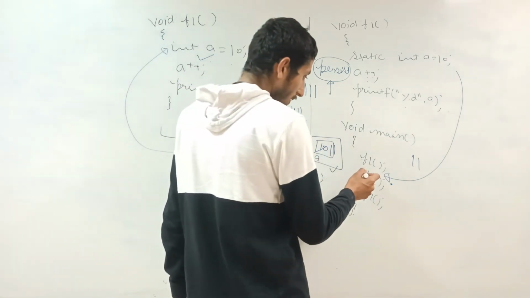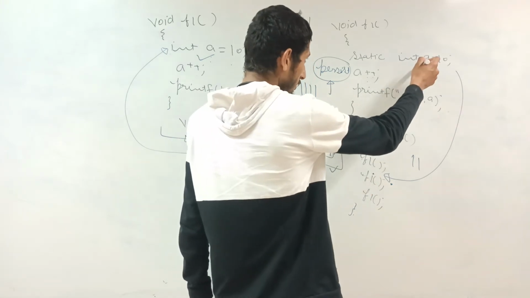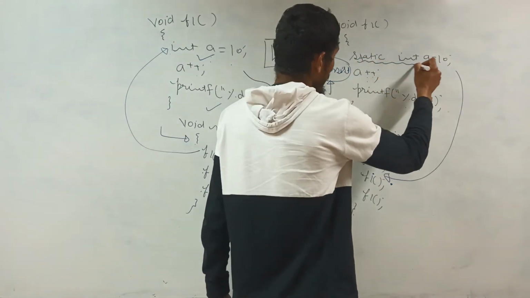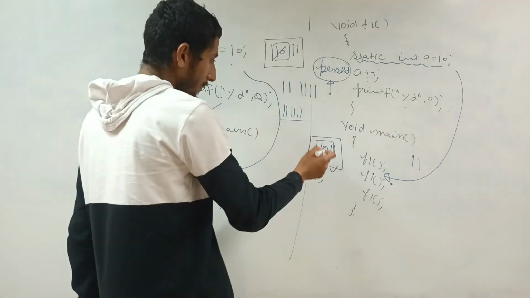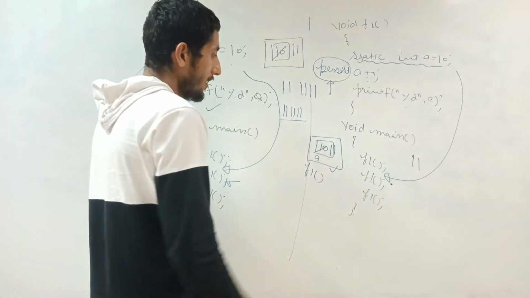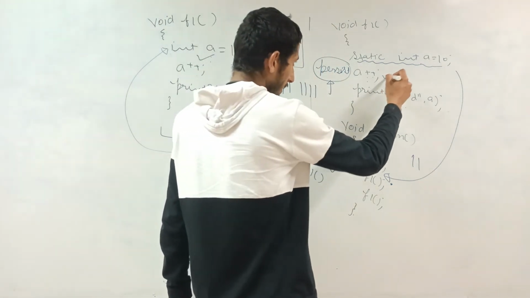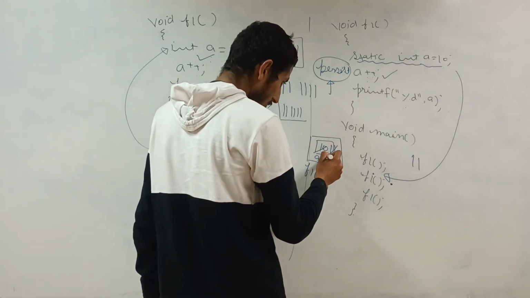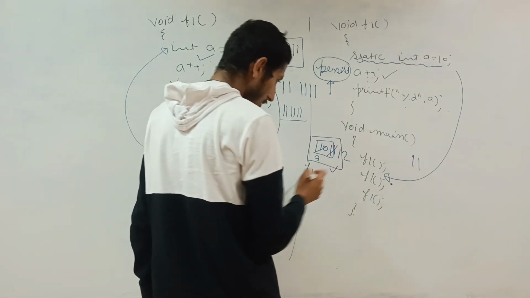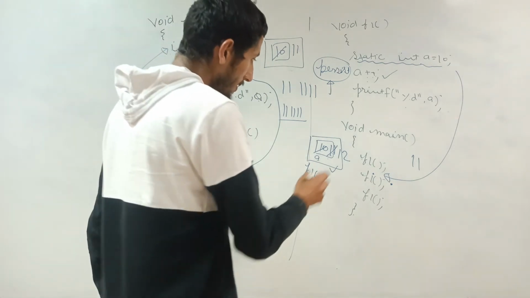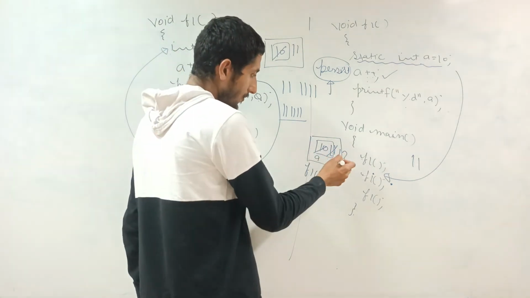What will happen? The moment you again go inside this function, this statement will not execute this time because the memory already persists. And the moment you execute a plus plus, the value of a becomes 12 because in the previous call it was 11 and this time it becomes 12.